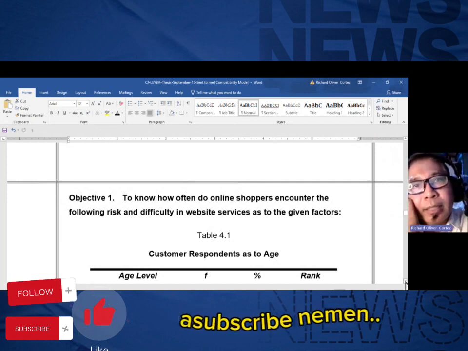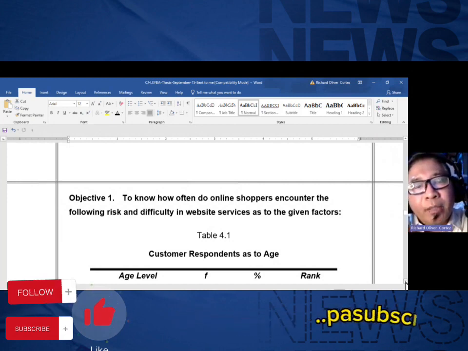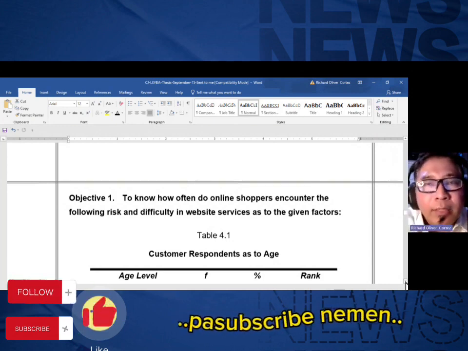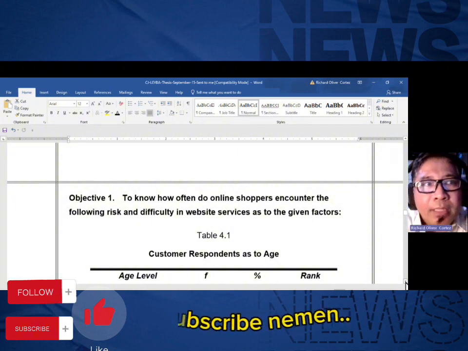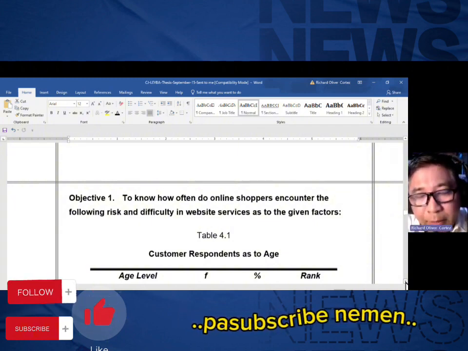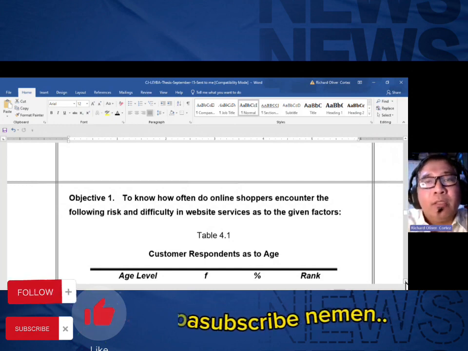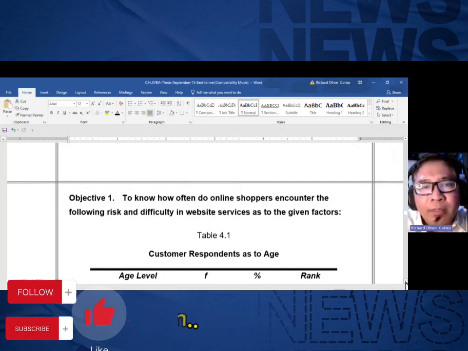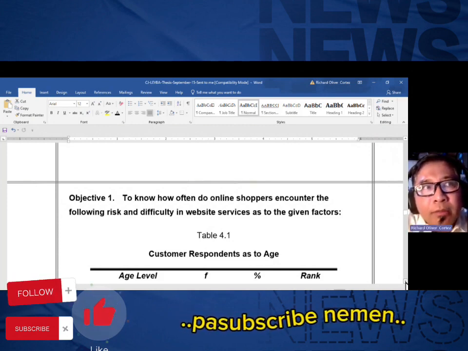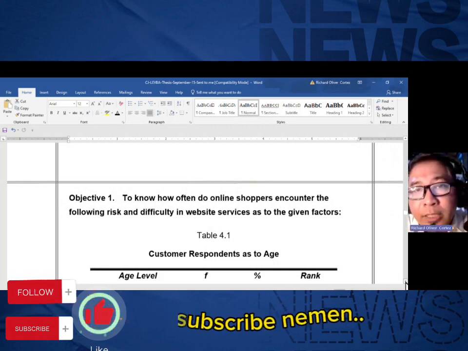Because there are formats that have SOP, or statement of the problems, and the objective. There are also formats that don't have the SOP but just the objective. A particular university is using this one. They don't have the SOP, just the objective. You present the table in accordance with the objective of the research.